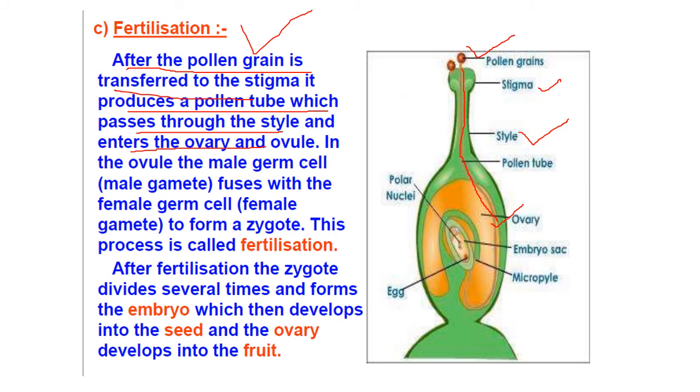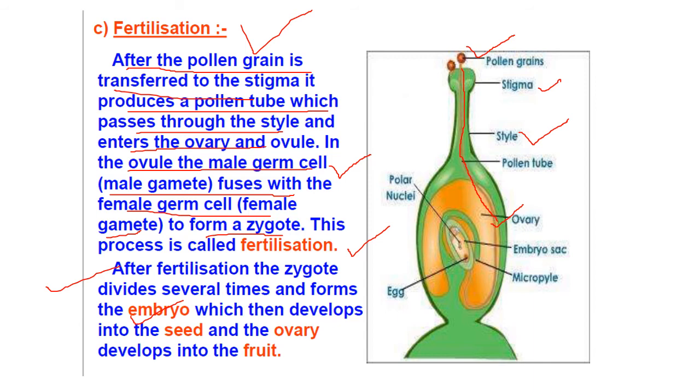In the ovule, the male germ cell, or male gamete, fuses with the female germ cell, the female gamete. What is the male germ cell? The pollen. And what is the female? The ovule. Both of them fuse together to form a zygote, and this process is called fertilization. After fertilization, the zygote divides several times to form the embryo. So the first step is the production of the zygote.